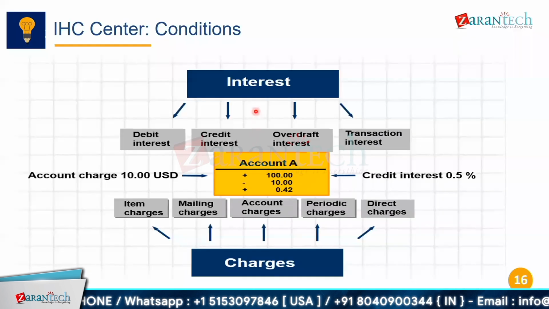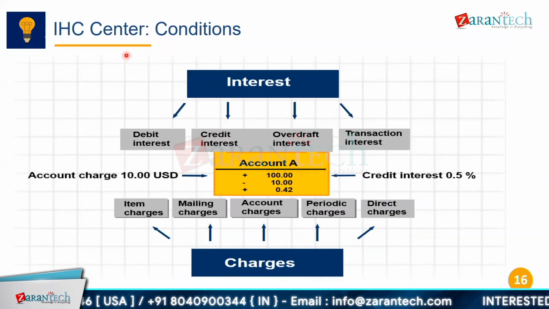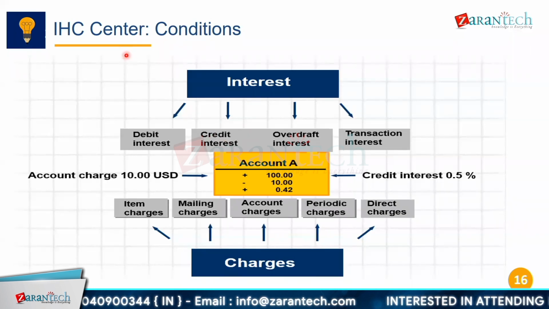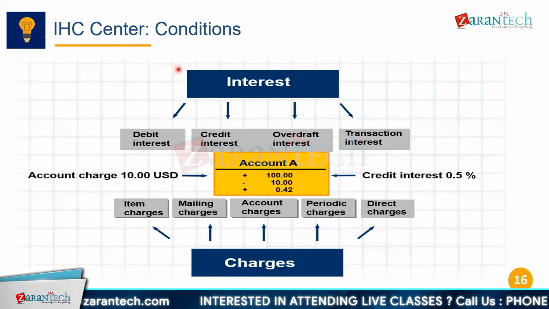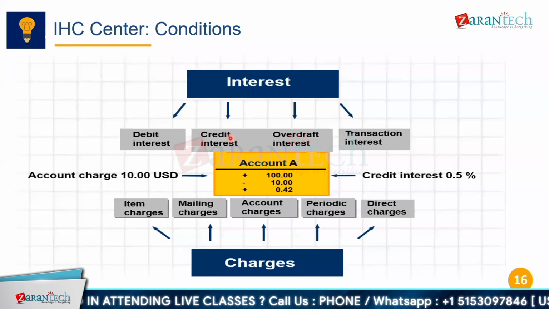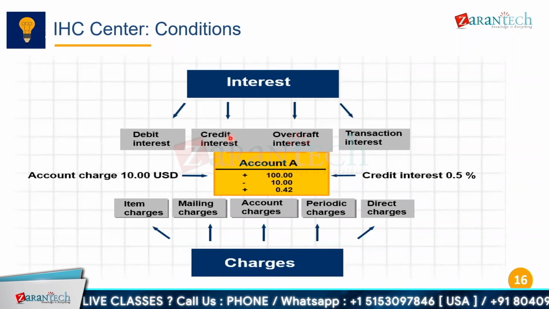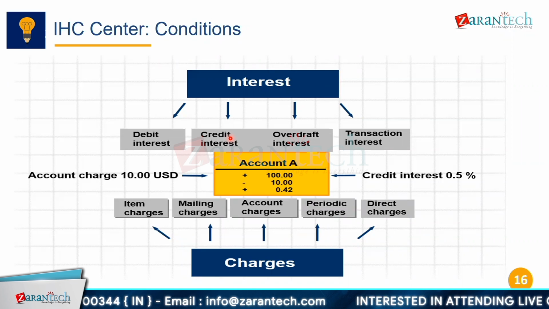All this interest and charges will get posted in the in-house center, the ISC center, and all these charges they allocate to different subsidiaries, because head office is providing all these services. It means they will charge you something as a service charge.